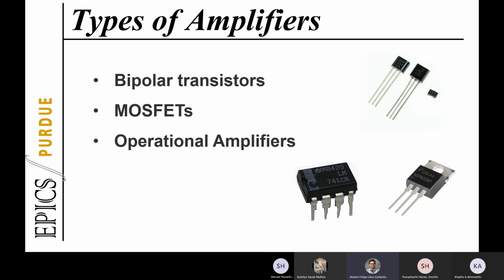Then another type of amplifier is the MOSFETs, which you can see at the bottom right. Their encapsulation is usually more like a square, and they typically come in these other kinds of packages. And lastly, we have what is called an operational amplifier.